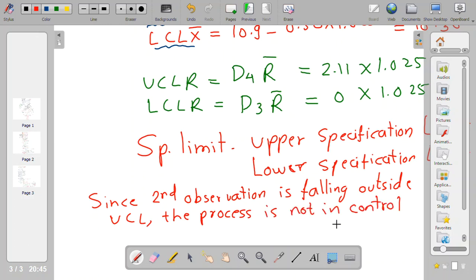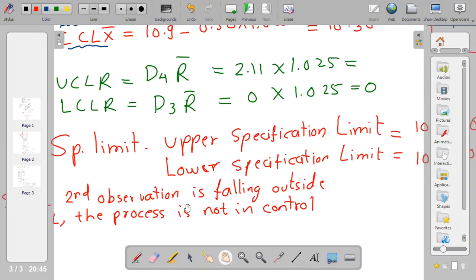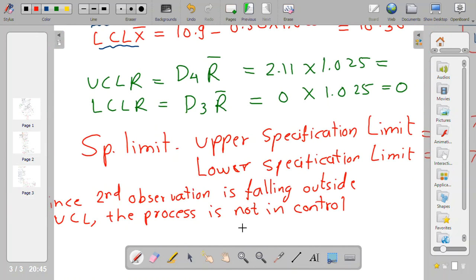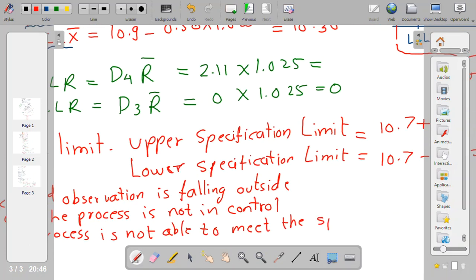Since the process is not in control, definitely your process will not be able to satisfy the customer. You can write that the process is not able to meet the specification.